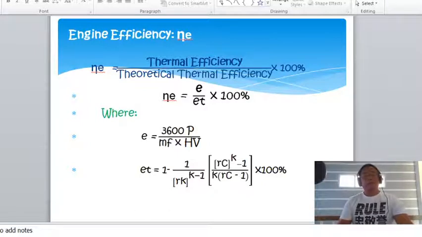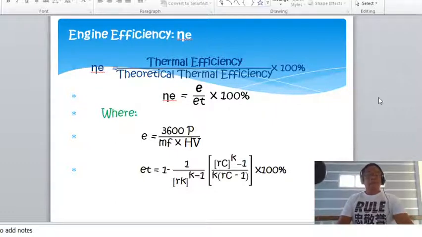Okay, so basically, the engine efficiency is defined in terms of the thermal efficiency and the theoretical thermal efficiency of the ideal cycle multiplied by 100%, or NE is equal to the brake thermal efficiency EB over the theoretical thermal efficiency ET.